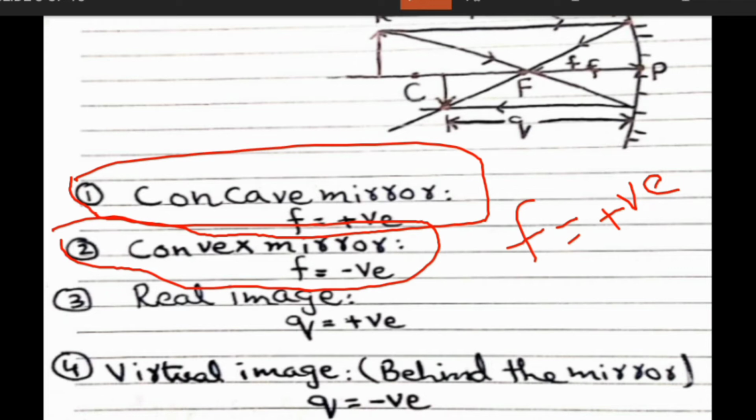So for a concave mirror the focal length is positive, and for a convex mirror the focal length is negative.